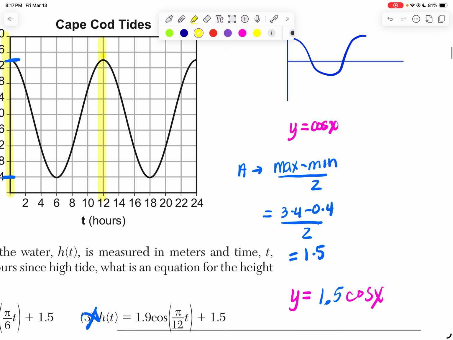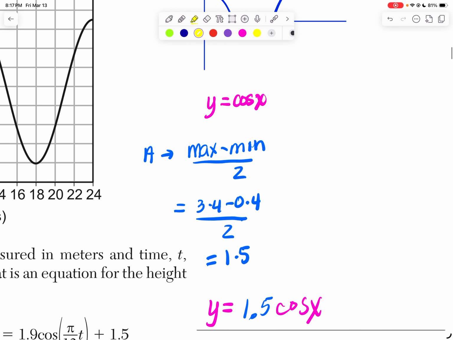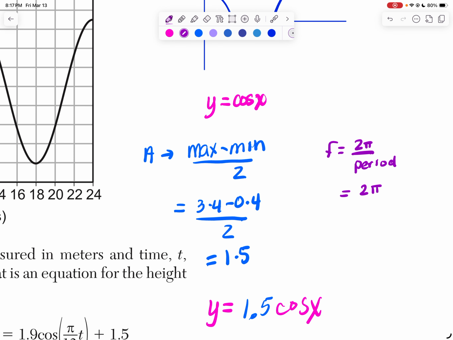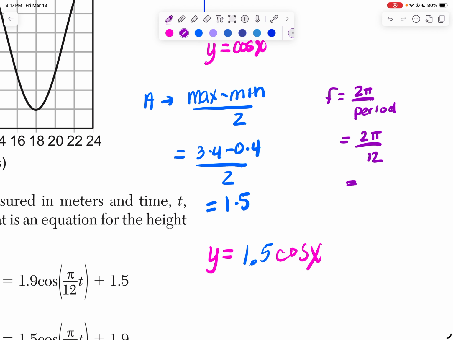So to find my frequency, I'm going to do 2 pi divided by my period. We just said our period was 12, so I'm going to do 2 pi divided by 12. And 2 over 12 is 1 over 6, or just pi over 6.